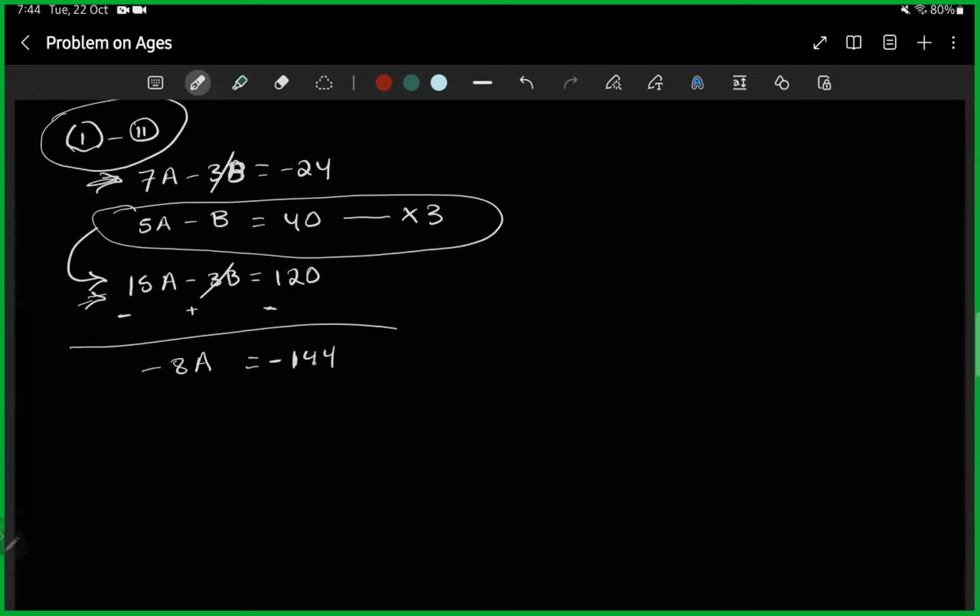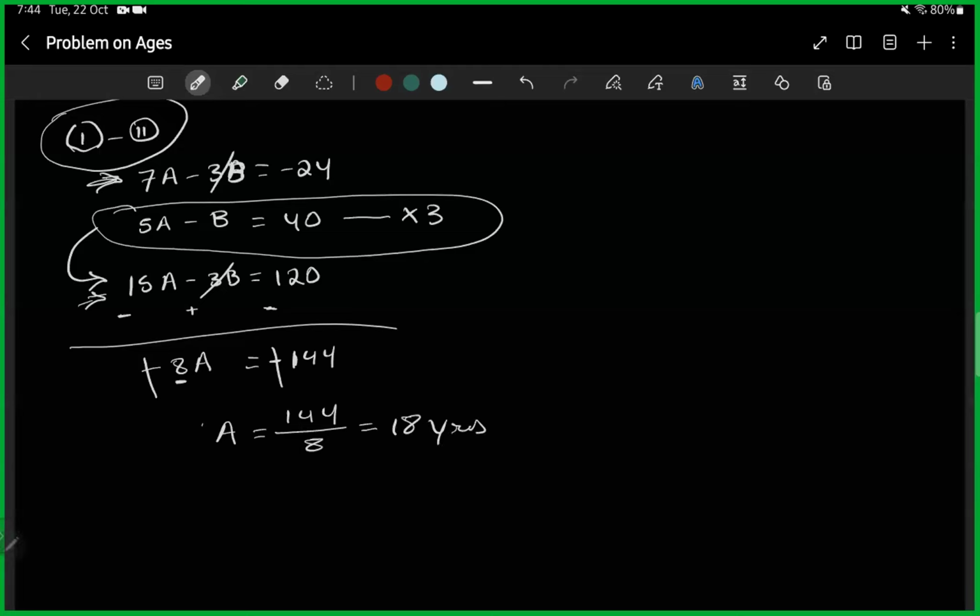Since we have negative on both sides, you can cancel, and then A will become 144 over 8. This 8 goes to the right hand side, becomes the denominator. You can quickly divide this and tell me the answer. 18, sir. Okay, so 18 years.